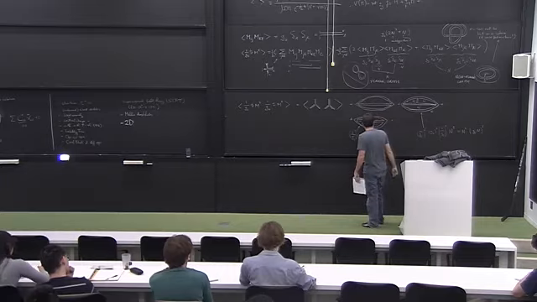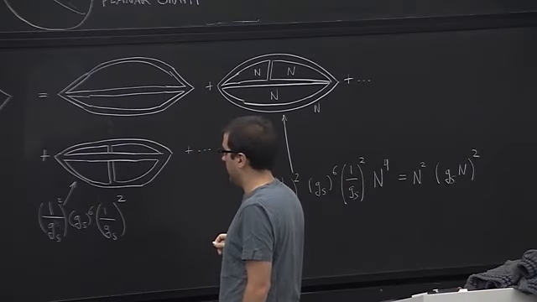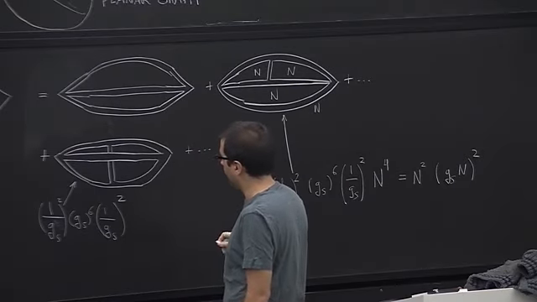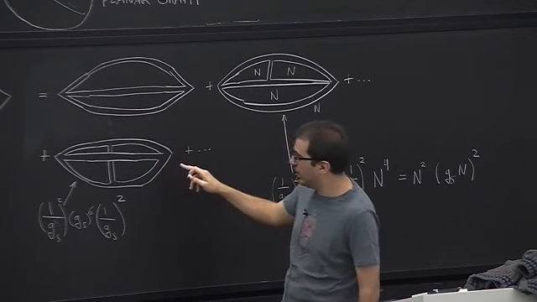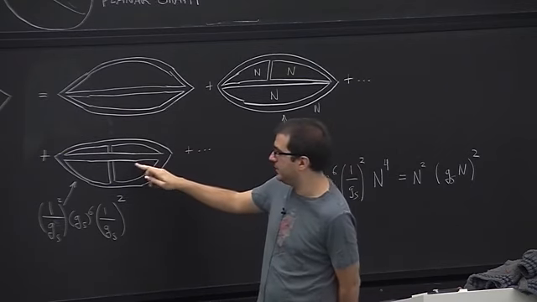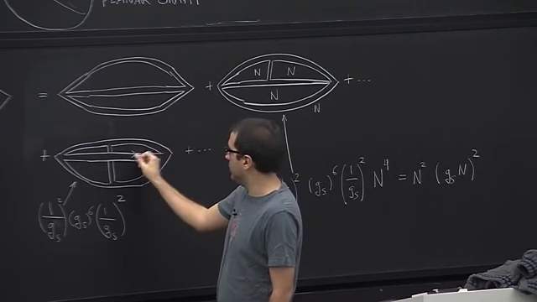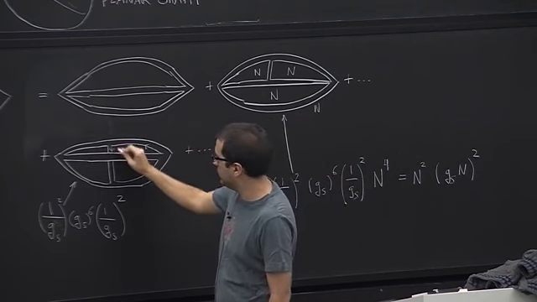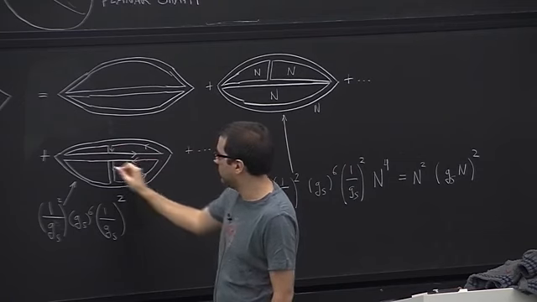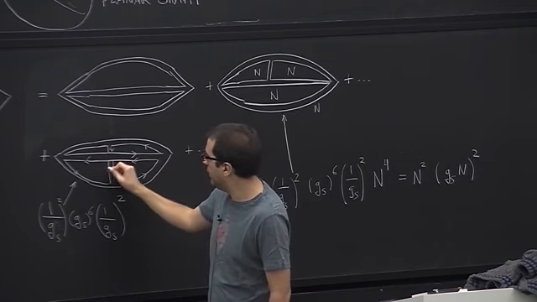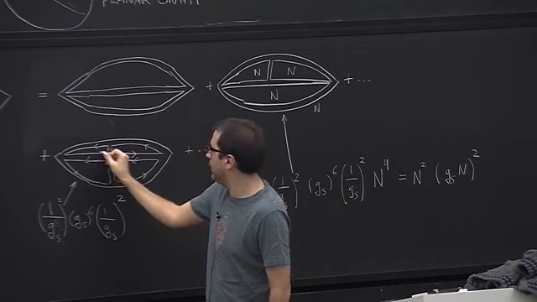But what's interesting is when we count powers of n. So let's now count powers of n. Let's imagine this is the frame of a window and we are putting some glass here. So we follow this line. So it goes here, it goes here, it goes here, it goes here, it goes here, it goes here, here, here, here, here, and here, and it closes.